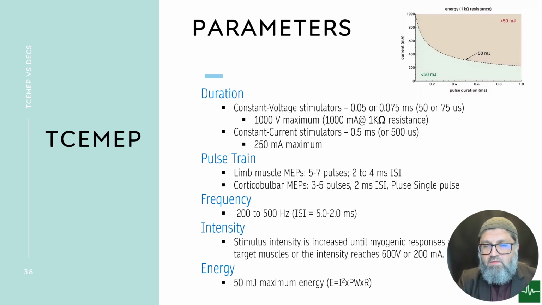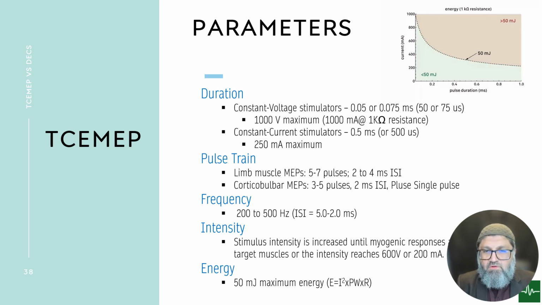So what are the stimulation parameters for TCeMEP and DCeMEP, and what is the safe stimulation? For transcranial electrical stimulation, some IONM machines allow constant voltage, some allow constant current, and some allow both.